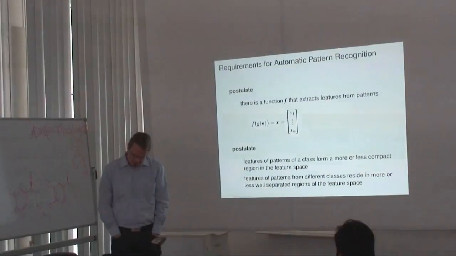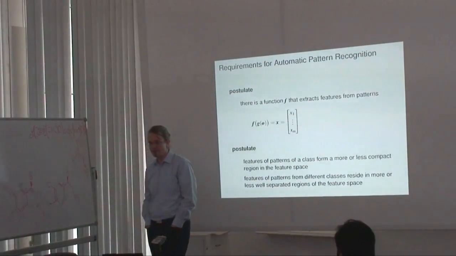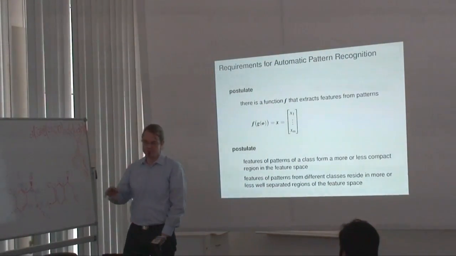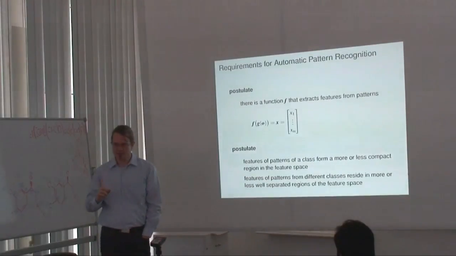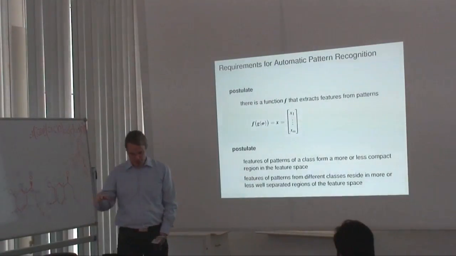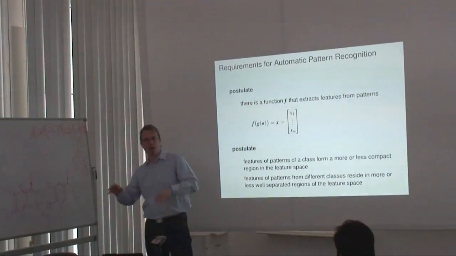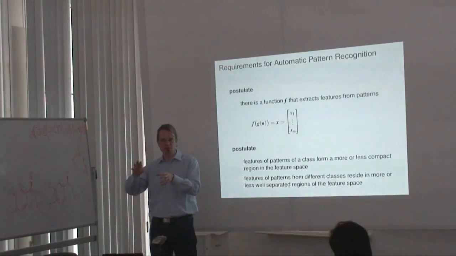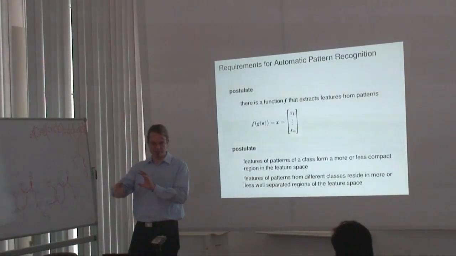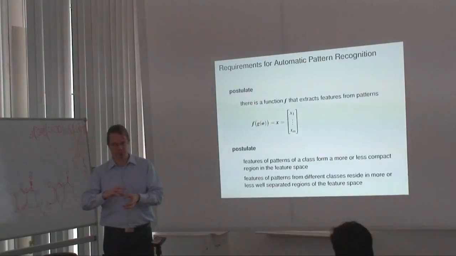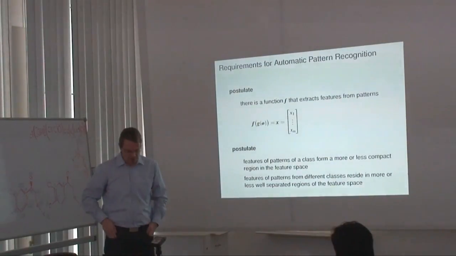And now we also require, and this is really more or less technical convenience, that features of patterns, and from now on it may happen that I use these 2 terms synonymously, so don't be alarmed.